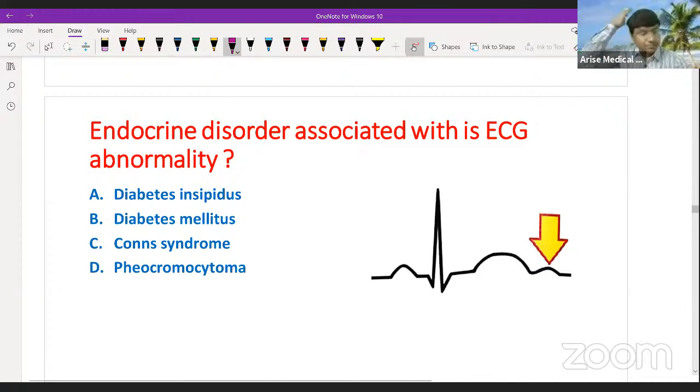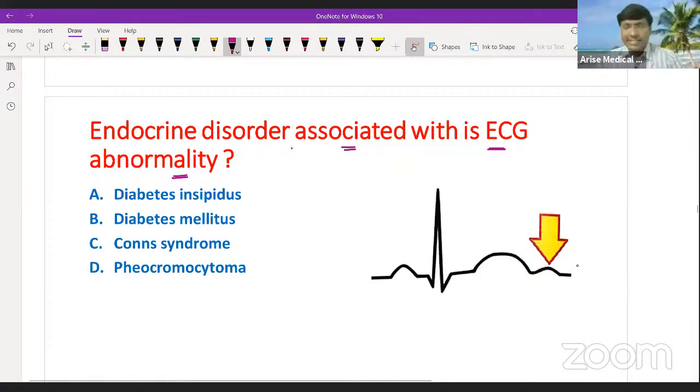Why is there hyperestrogenemia in cirrhosis? The estrogen has to be metabolized in the liver, but it is not getting metabolized because the liver is damaged. So that is the reason for the hyperestrogenemia. Okay, right. So, endocrine disorder associated with this ECG abnormality.